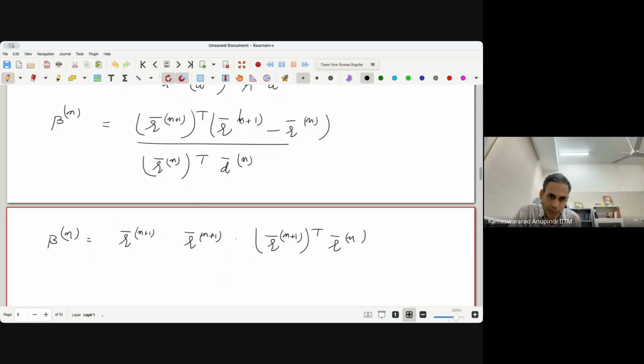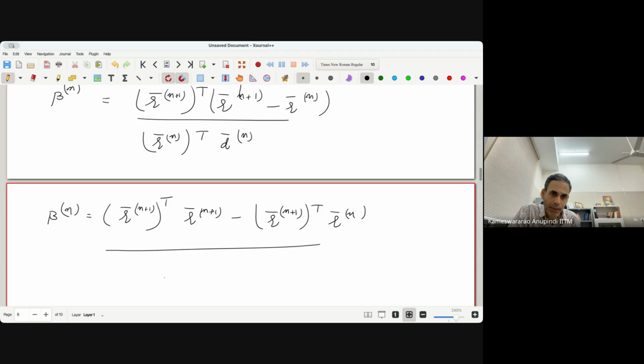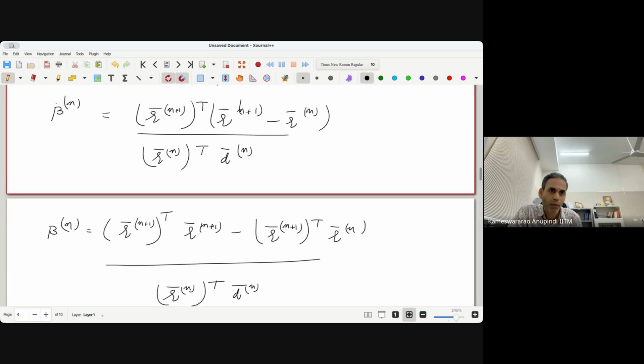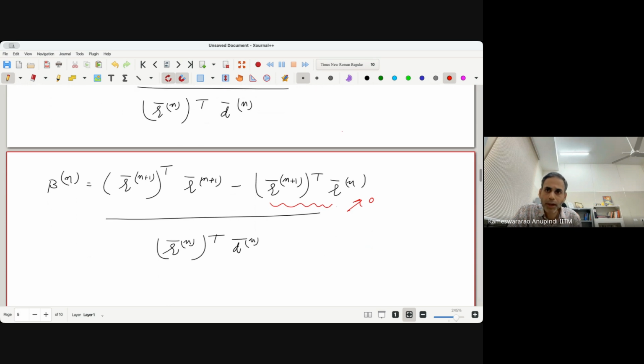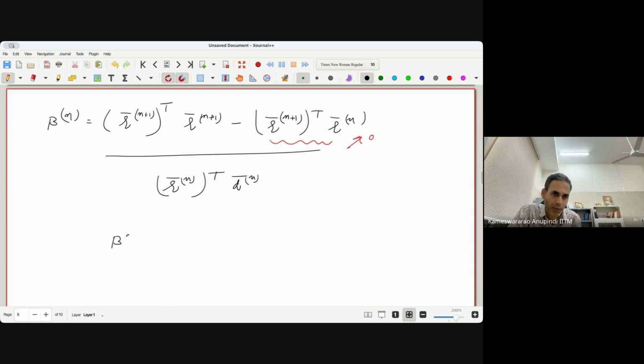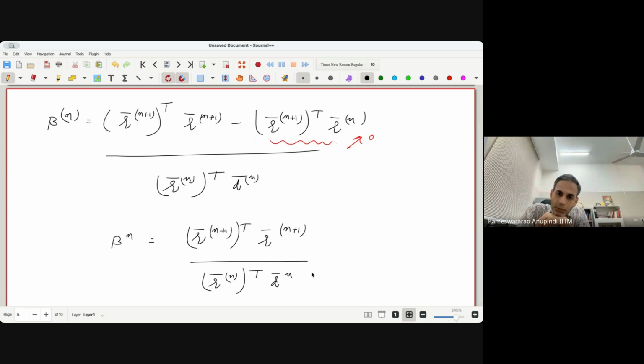That is the numerator, divided by R bar_n transpose d bar_n. What do we know? We know from the steepest descent method that the residual at n+1 is always perpendicular to the residual at n. So this quantity is equal to 0. So I have an expression for beta_n that is equal to R bar_{n+1} transpose R bar_{n+1} divided by R bar_n transpose d bar_n.